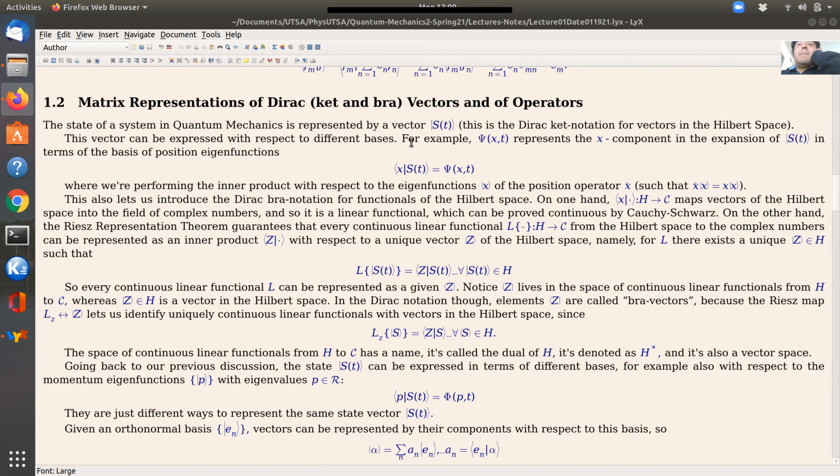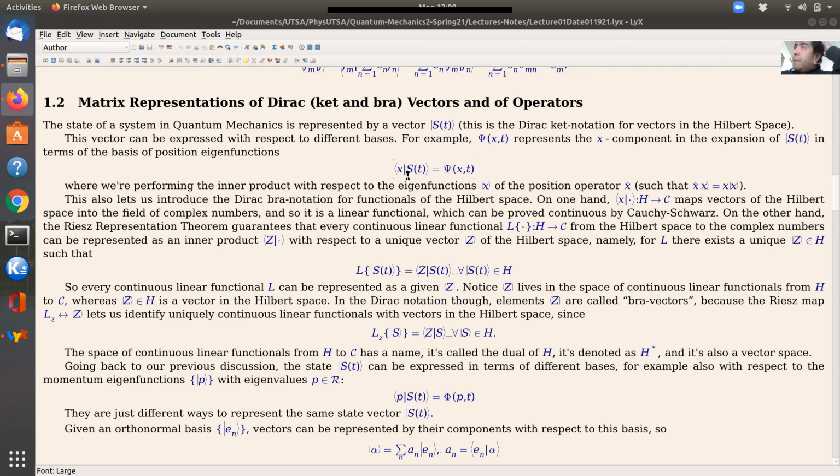And this vector can be expressed with respect to different bases. So say, for example, if you want to represent it in the position representation, you have psi of x, t, which represents the x component in the expansion of psi of t in terms of the basis of position eigenfunctions. So what do we mean by this?